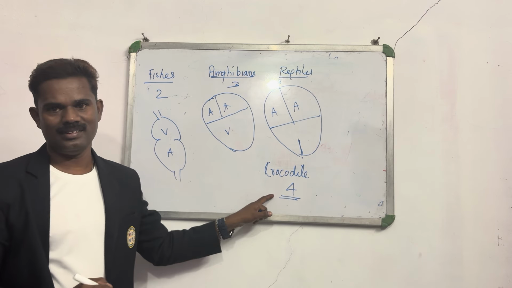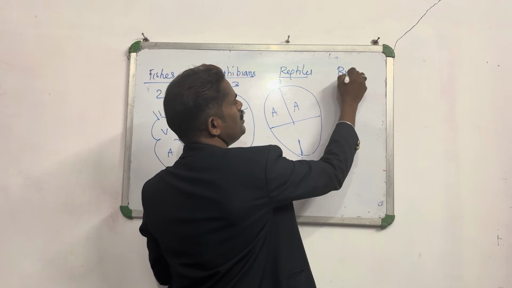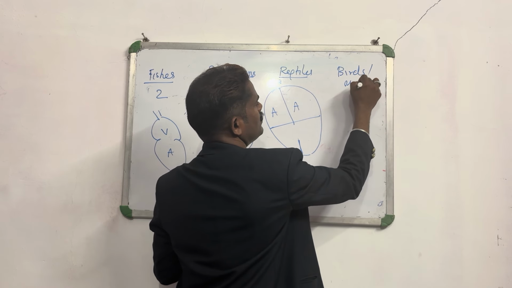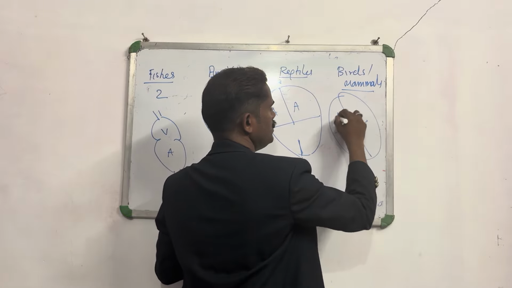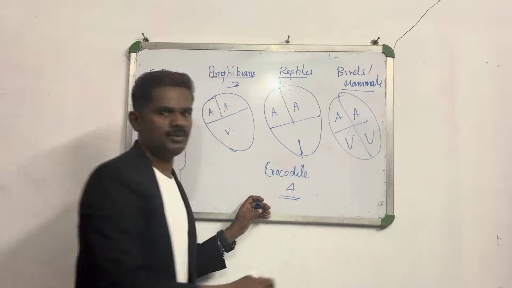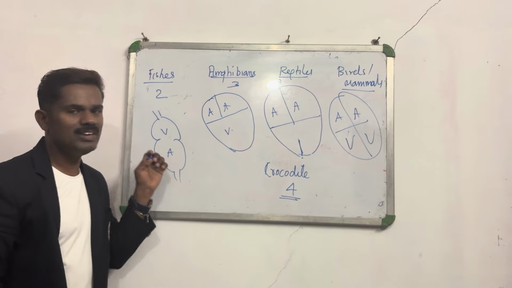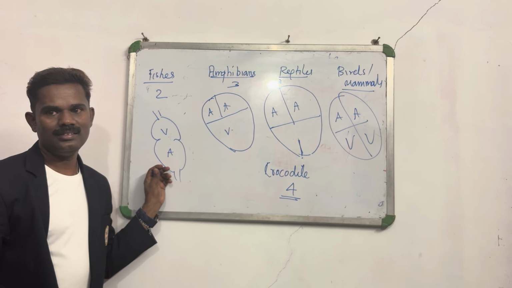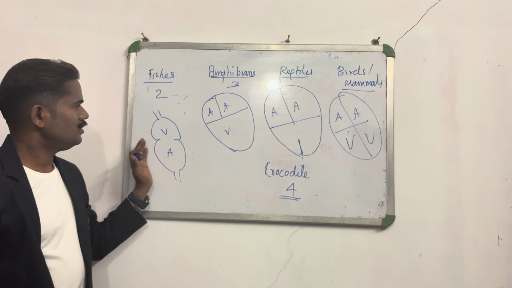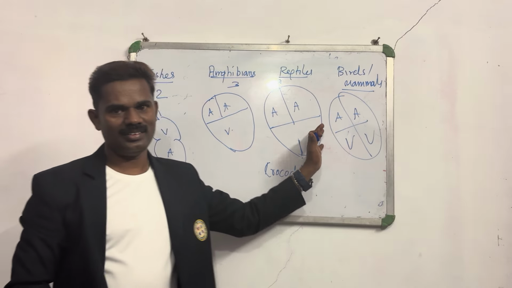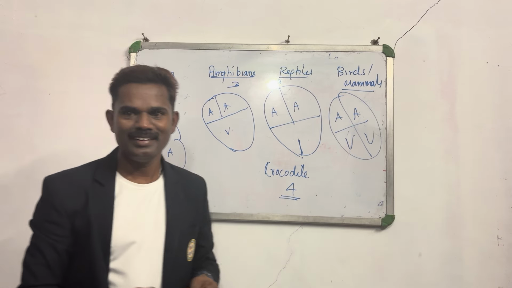This is an exception. Then when we come to birds and mammals, there are four chambers, two auricles and two ventricles. So this is an evolutionary change: 2, 3, 3, 4. So thank you.